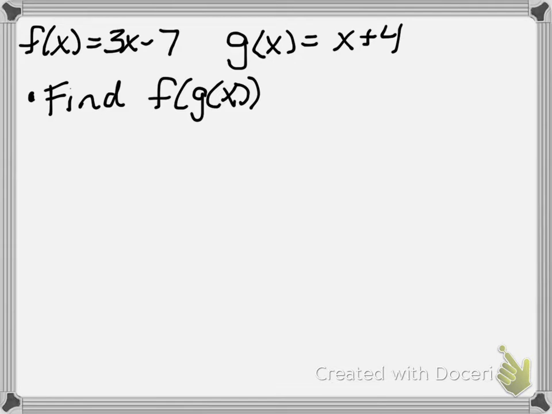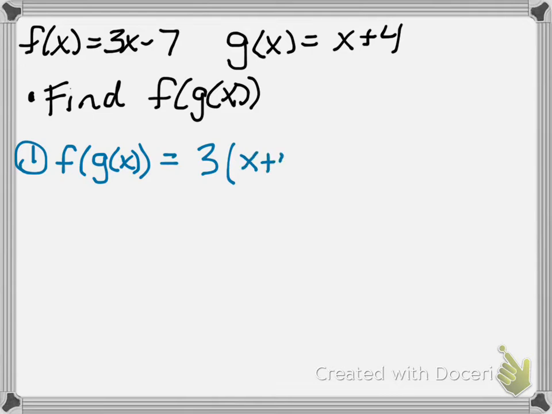So f of g of x is, I take the function f, and everywhere I see an x, instead of putting a number like I've been doing, I'm going to put the function g.